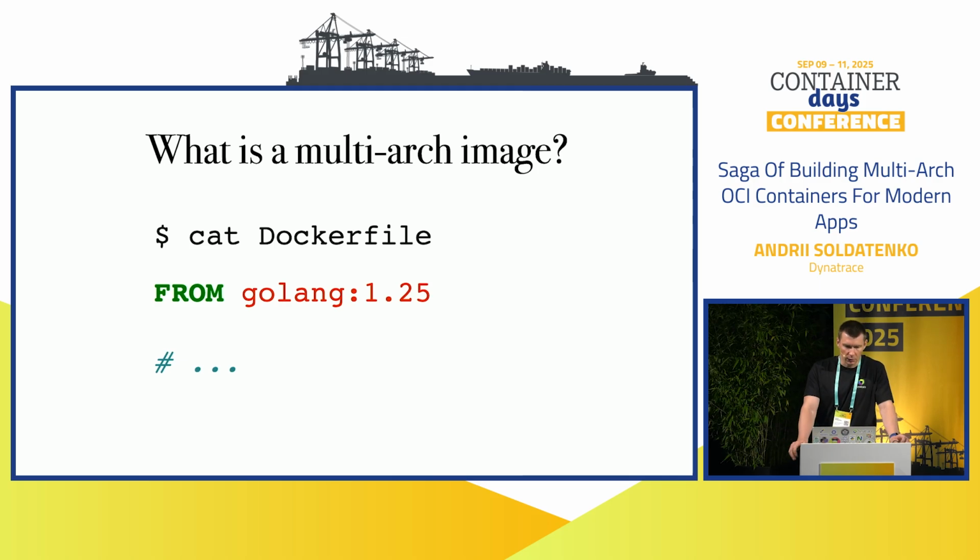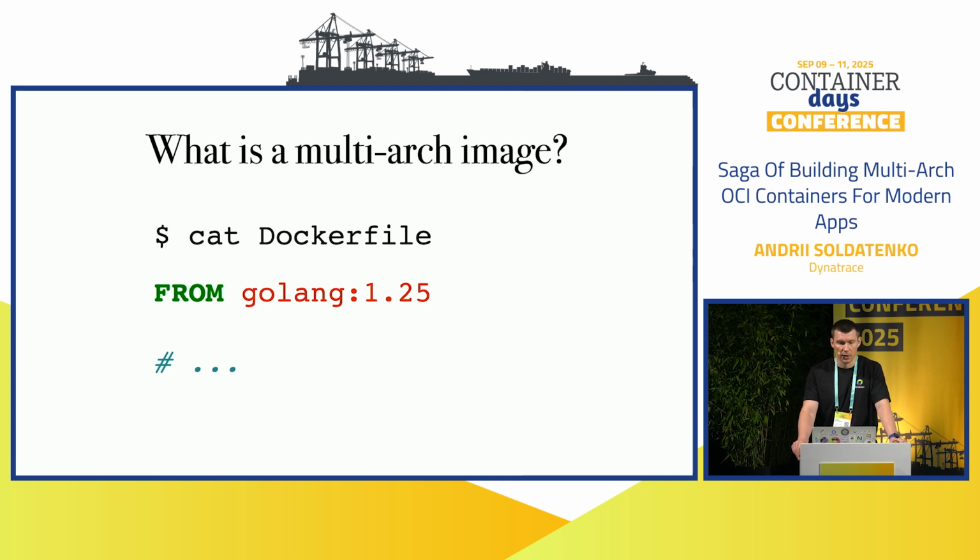Long story short, Docker, with which we originally started using containers, has this concept of multi-architecture containers, which means that a single Docker image tag, it's important, can support multiple architectures. Here's an example.